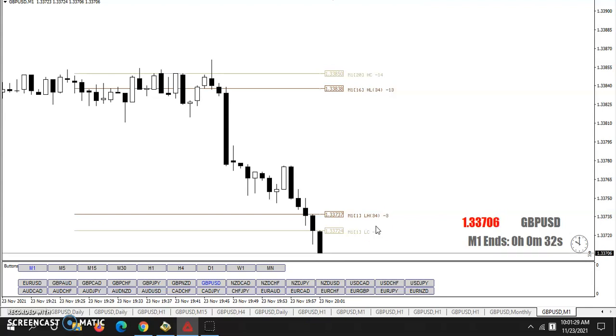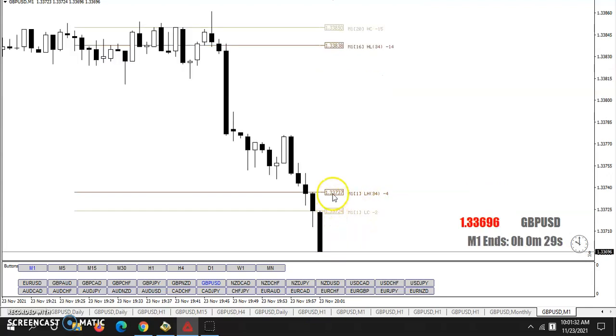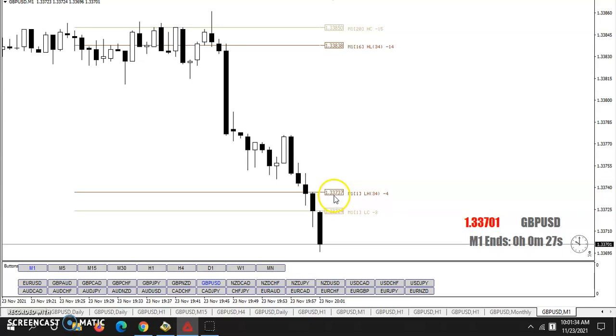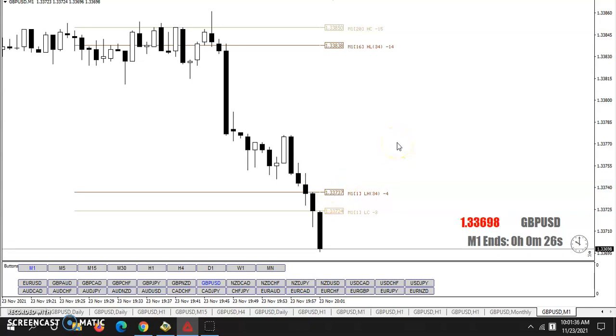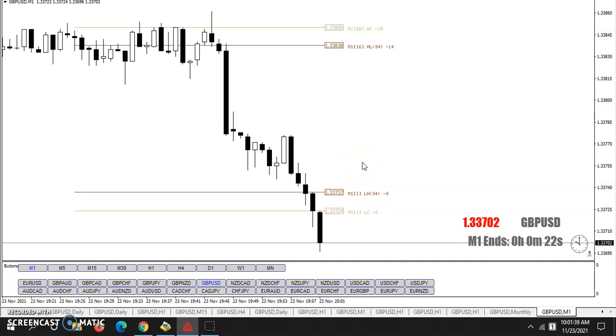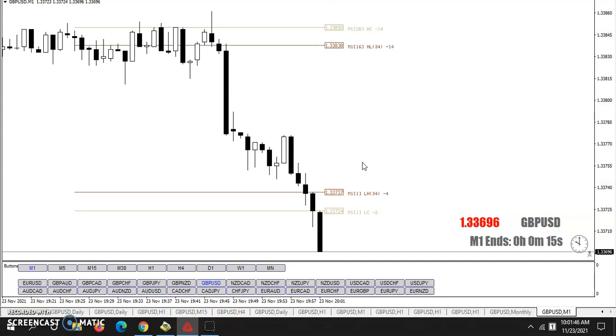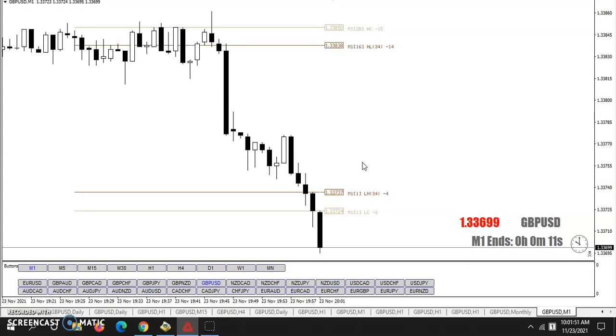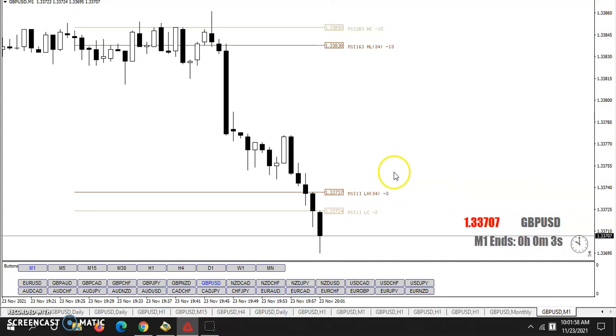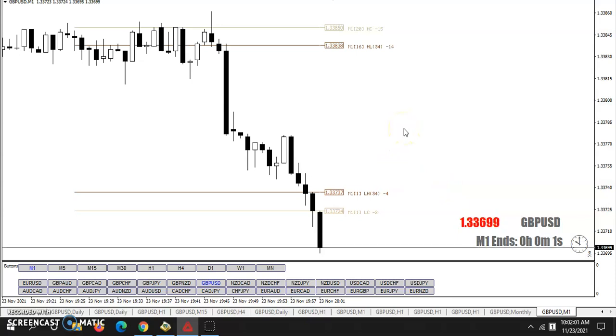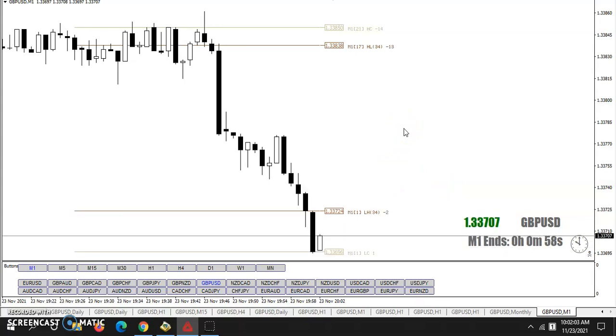So what you want to wait and see is for price to break above this level or start to break that level so you can enter a trade. And it's one of those things where you just have to wait patiently.